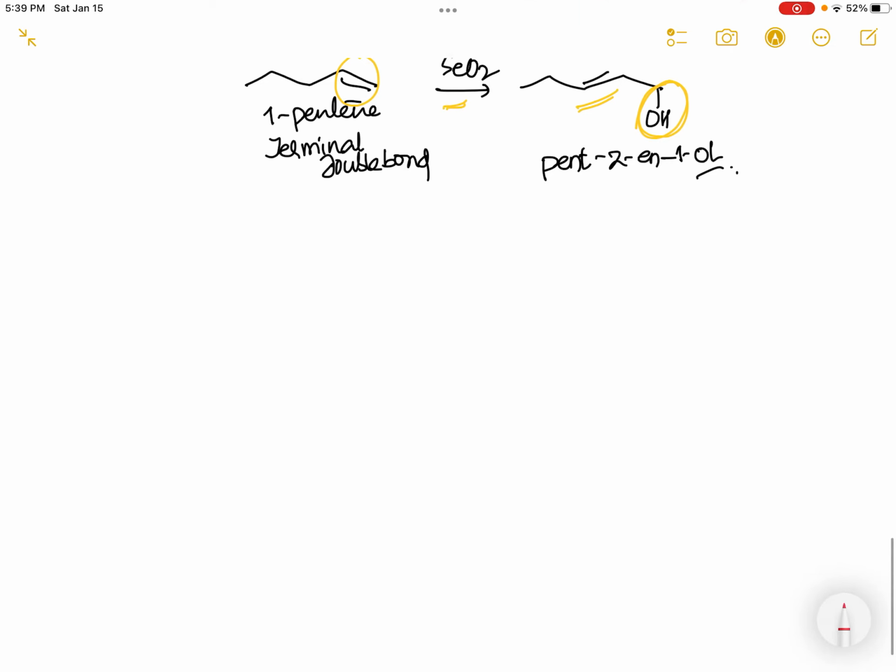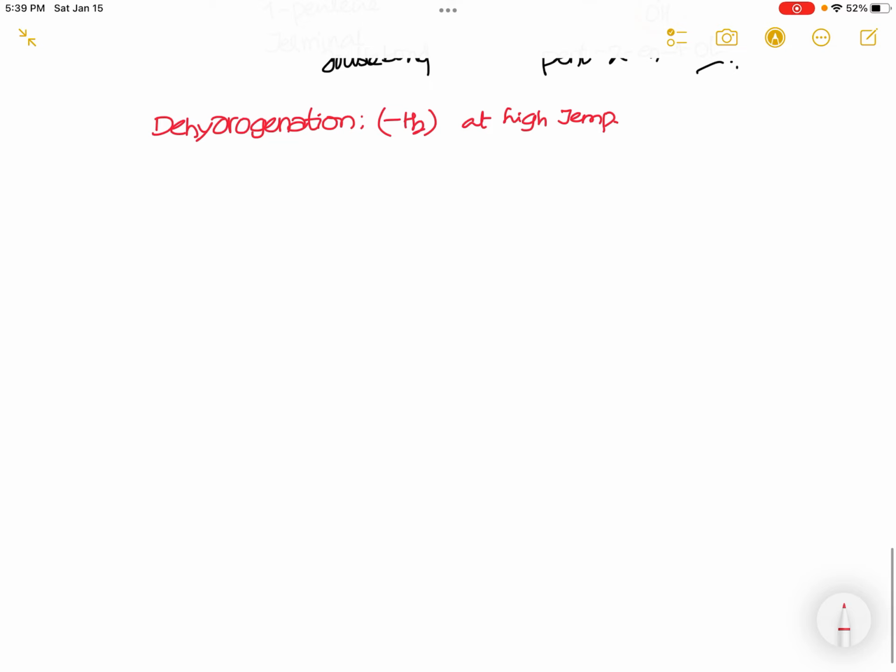It is also used for dehydrogenation. Dehydrogenation means we know minus of hydrogen. Selenium dioxide is used for dehydrogenation at high temperatures, so simply show with a delta. Temperatures must be high.